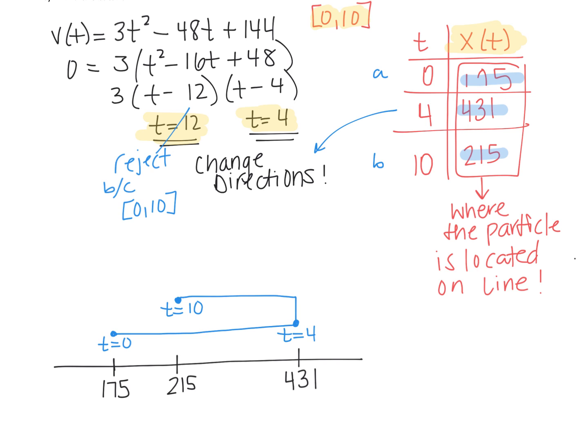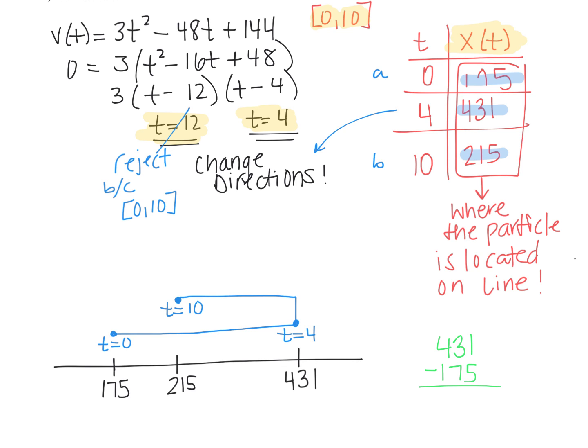So if I want to find the distance that this particle traveled, I just have to count. So from 175 to 431 is going to be one distance. And then from 431 to 215 is going to be another distance. We're just going to add them together. So all you simply have to do is subtract these two values to get this distance. So we're going to do 431 minus 175. Go ahead, type that into your calculator.